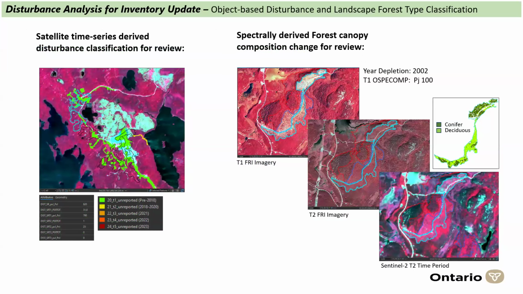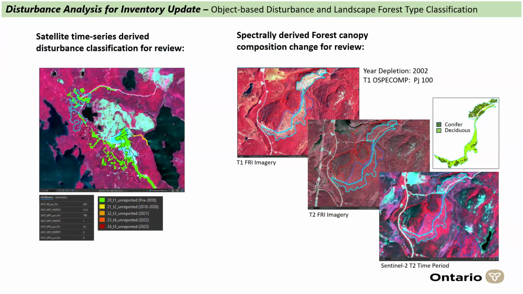So this series of images on the right-hand side walks through one such targeted forest stand that results from this, in which case we've got the T1 FRI, which has a species composition of poplar and jack pine. It was a depletion in 2002.